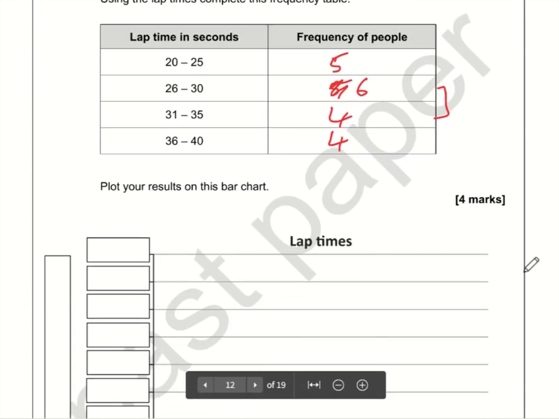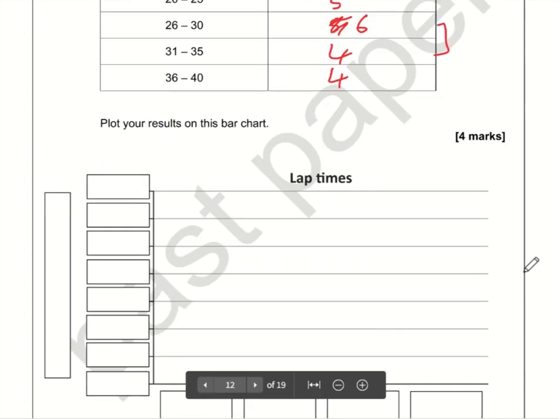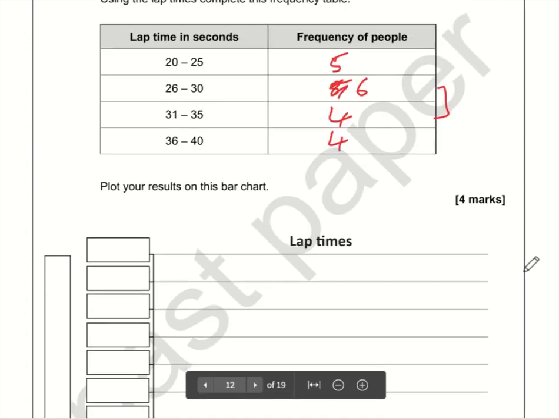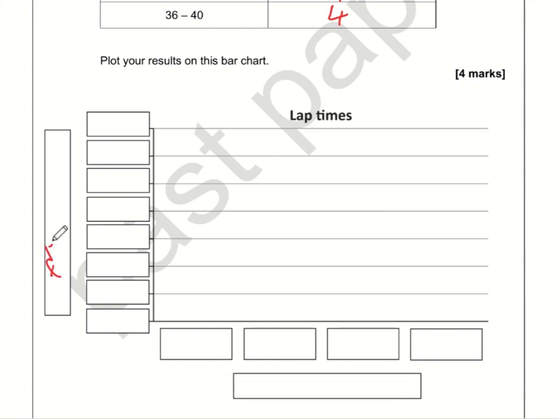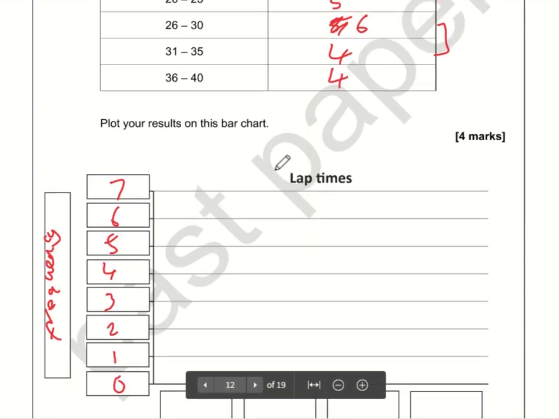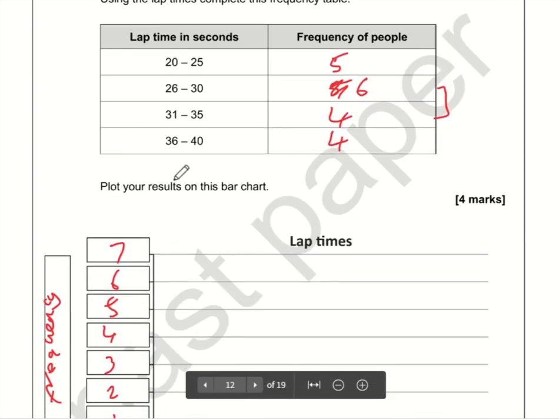Okay, so we want to plot the results on the bar chart. So what I would do, I'd have the frequency of people up the side. So here I'd write in frequency. Sorry, I'm struggling to write sideways. So 0, 1, 2, 3, 4, 5, 6, 7. Perfect, we only need to go up to 6.